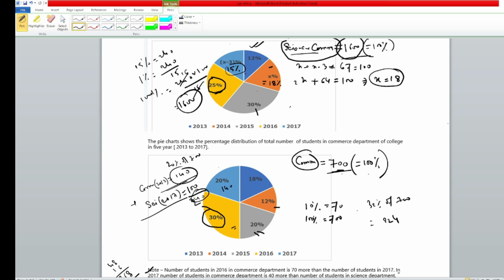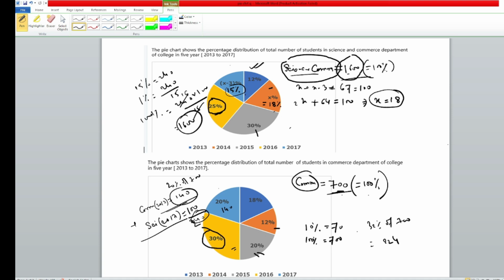We know that 18% of 1600. What will be 18% of 1600? That is 16 times 18, which gives 288.